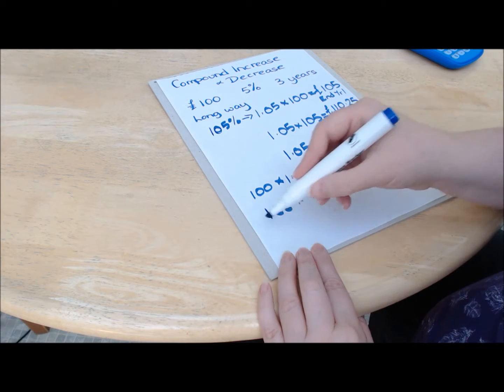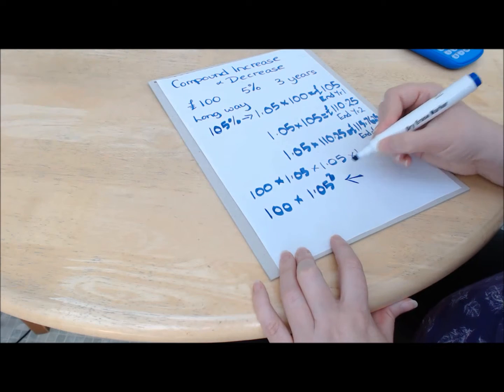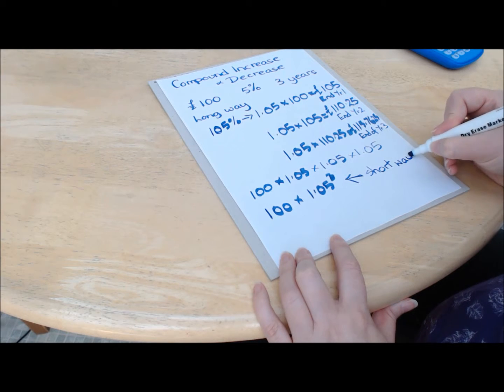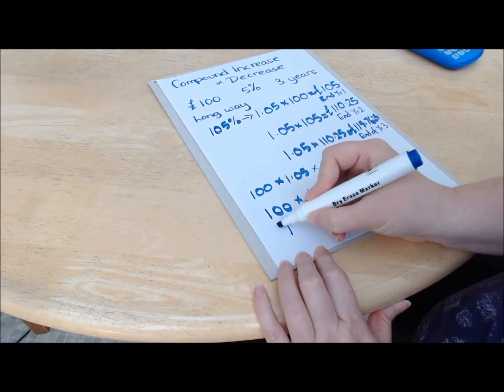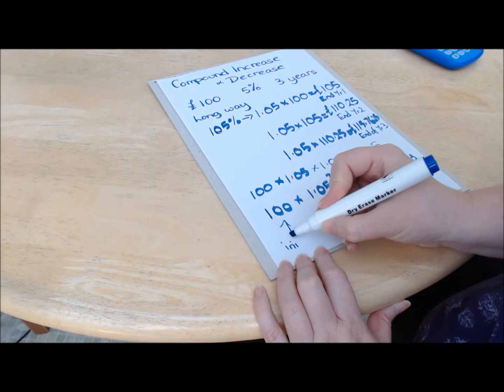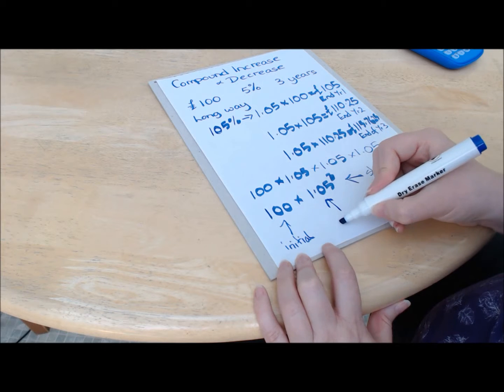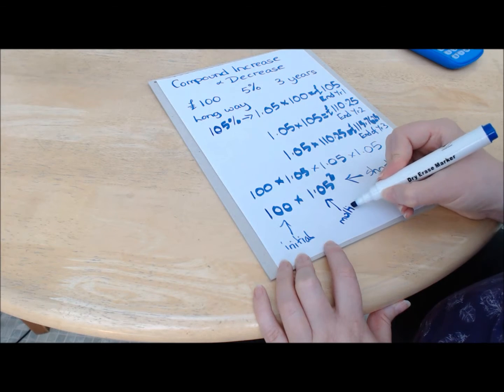So this brings us to the short way to put it into the calculator. So we have our initial amount here, we have what I call our multiplier here.